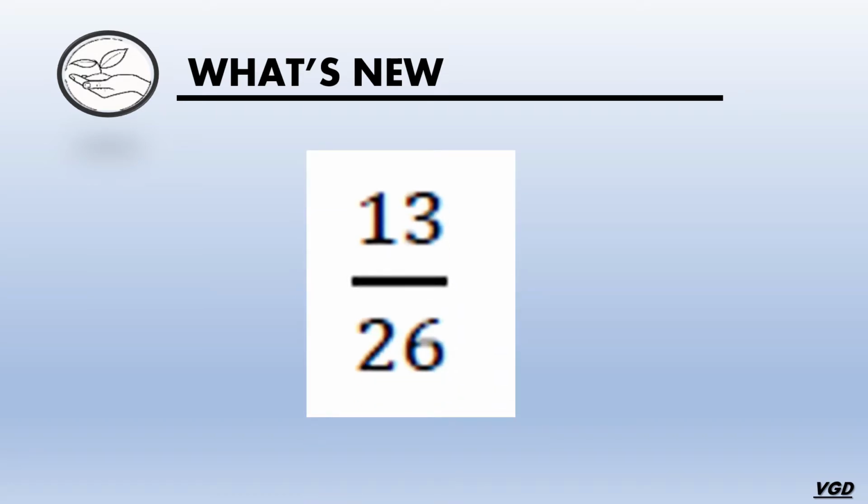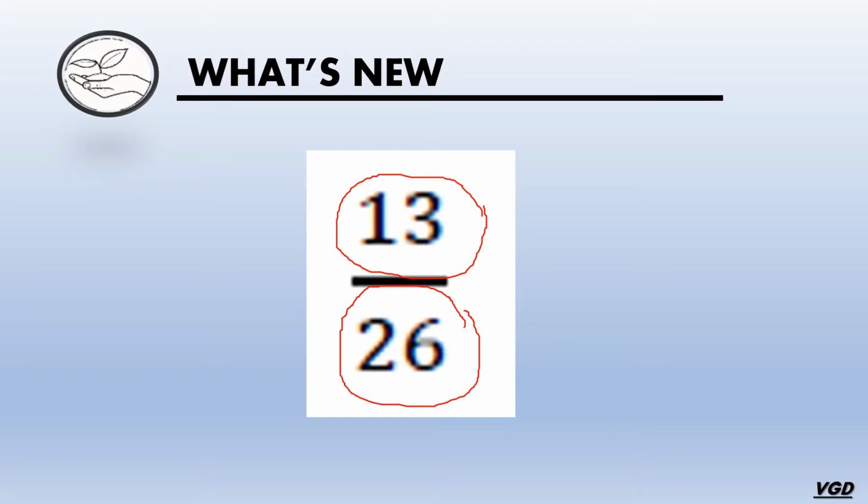What's new? Write the following in the lowest form. So let's have this number 1, 13 over 26. To reduce a fraction to lowest terms, all we have to do is to divide the numerator to its denominator by getting their greatest common factor.